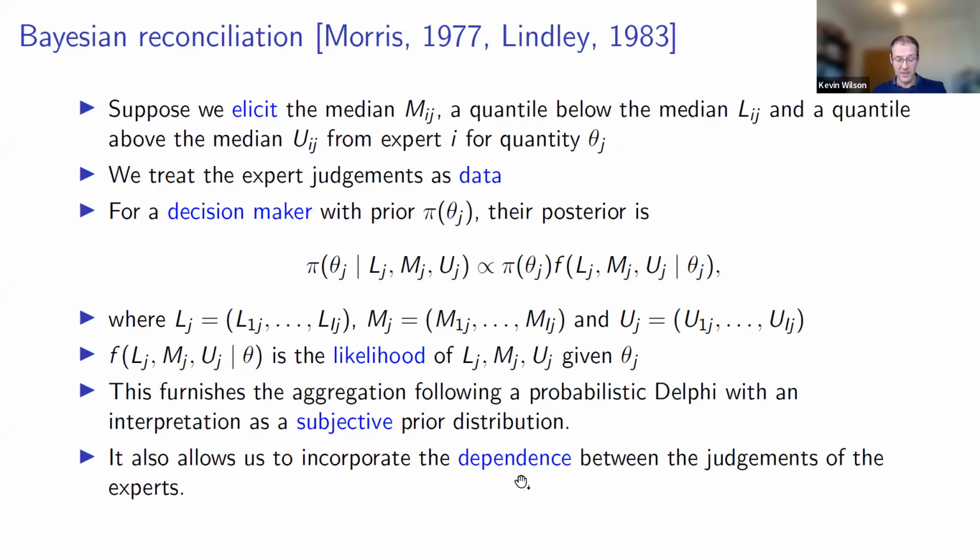The amount of information in the experts' judgments is less than the number of experts that you've got. So you can incorporate this dependence between the judgments within your likelihood function, within your Bayesian model structure, when you're performing this Bayesian update. That's essentially the key thing in what I'm going to talk about when I describe a specific Bayesian model for how to do this in a minute.